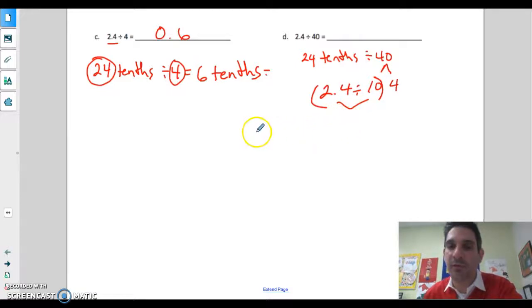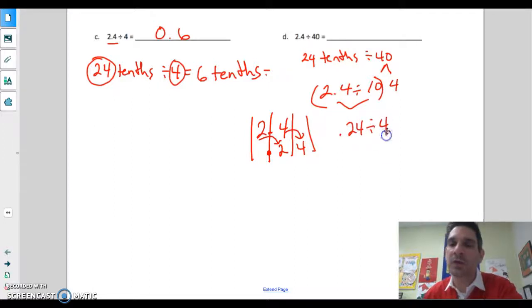Think about that flow chart. At this point, if you need to draw one, you can, but you don't have to. Dividing by 10, the digits are going to move to the right one spot because the number is going to get smaller. So now it's 24 hundredths divided by 4, which equals 6 hundredths.